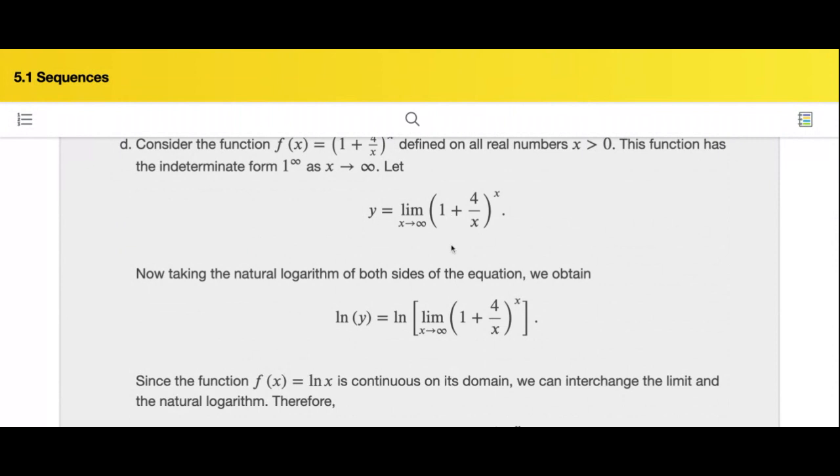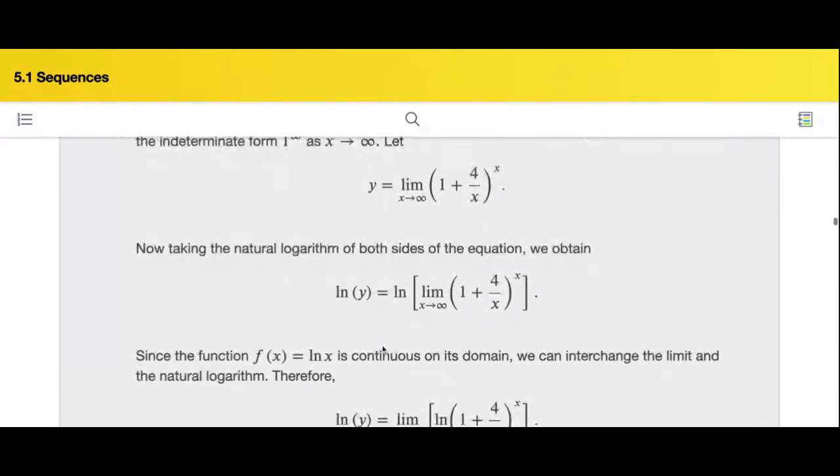When we take this kind of limit, raised to the power x, with x in the denominator inside the parentheses, we use a log strategy: take the natural log on both sides.